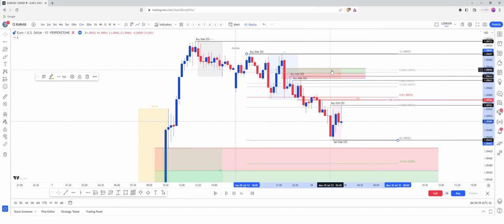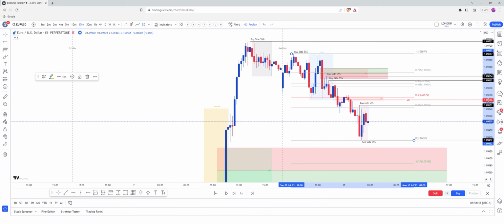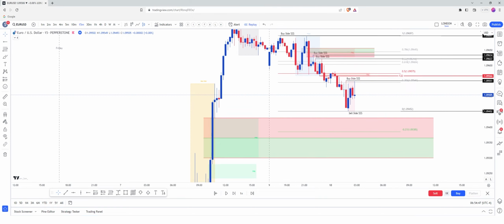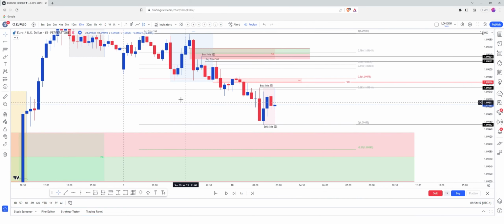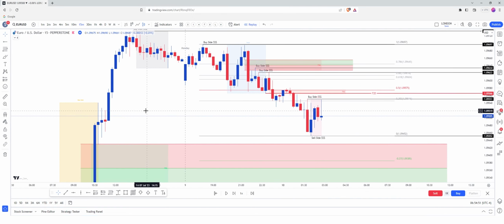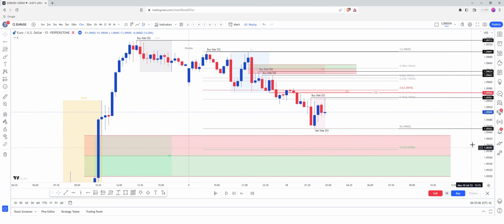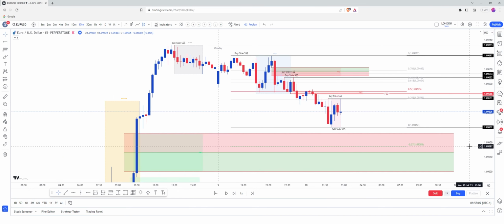If we do get a pullback in that area, we could be looking for our short sellers to take us lower, back into a discount of Friday's range. Because we are overall in a premium, and we're failing to break back into the Asia range at the moment, I'm going into this with a bearish bias, so I won't be looking for bullish setups. I'm going to be looking primarily for short trades.